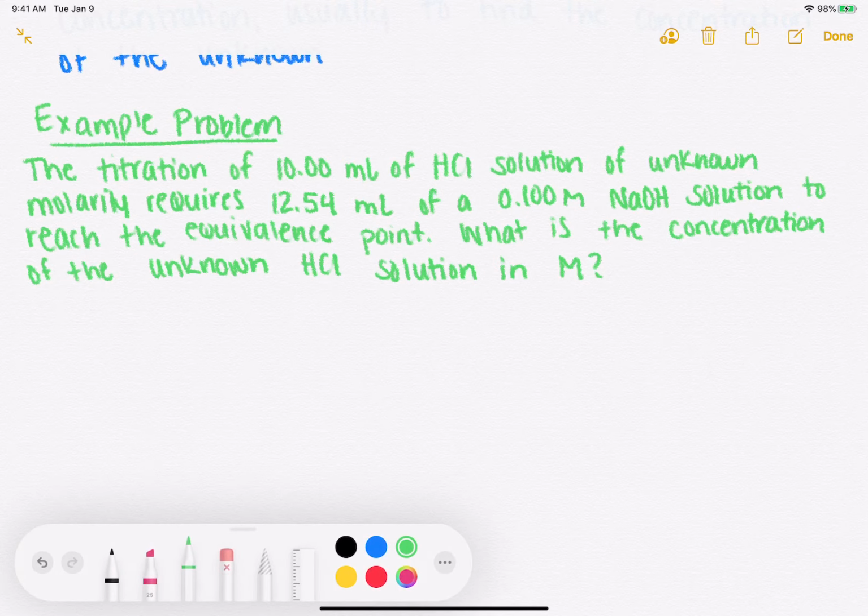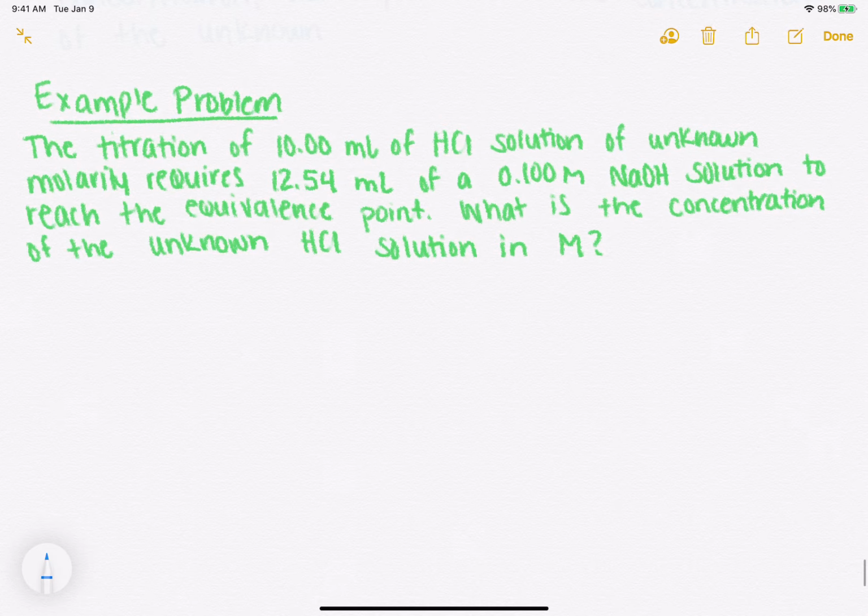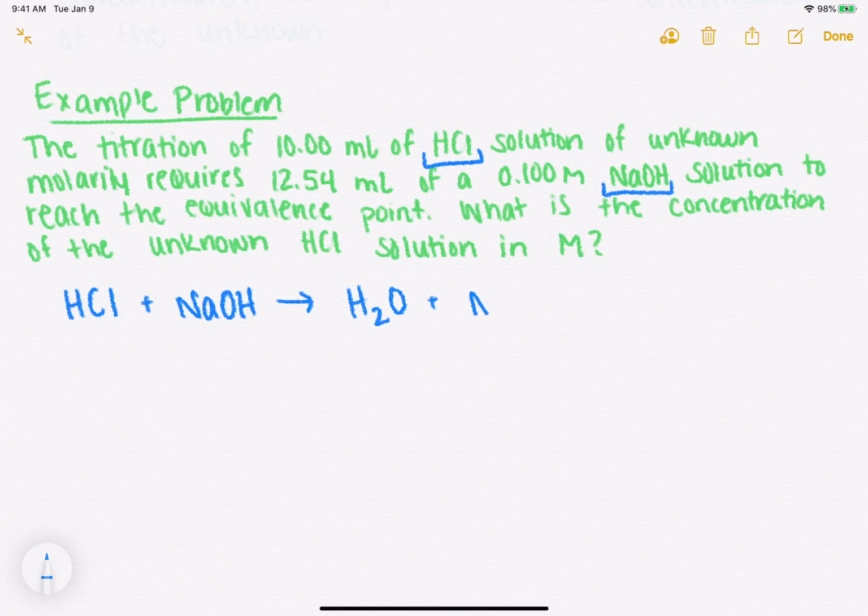So there's a lot of information here. The first thing I always recommend doing is writing out our chemical equation. So we have HCl reacting with NaOH. So we have HCl plus NaOH yields H2O plus NaCl.